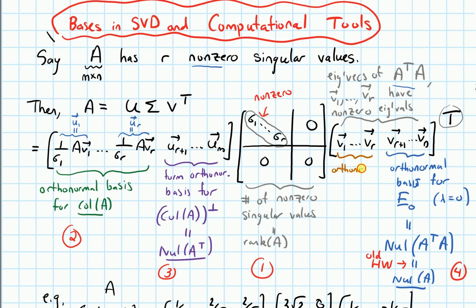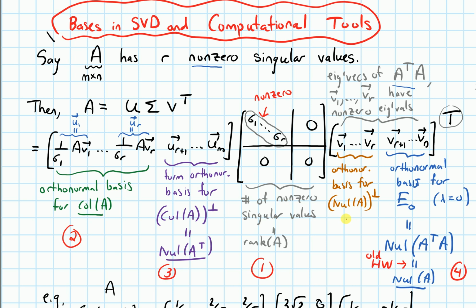So these are going to be orthonormal. They're going to form an orthonormal basis for the orthogonal complement of the null space, because these all need to be orthogonal to these vectors that were in the null space of A. So they're going to form an orthonormal basis for the null space of A perp.